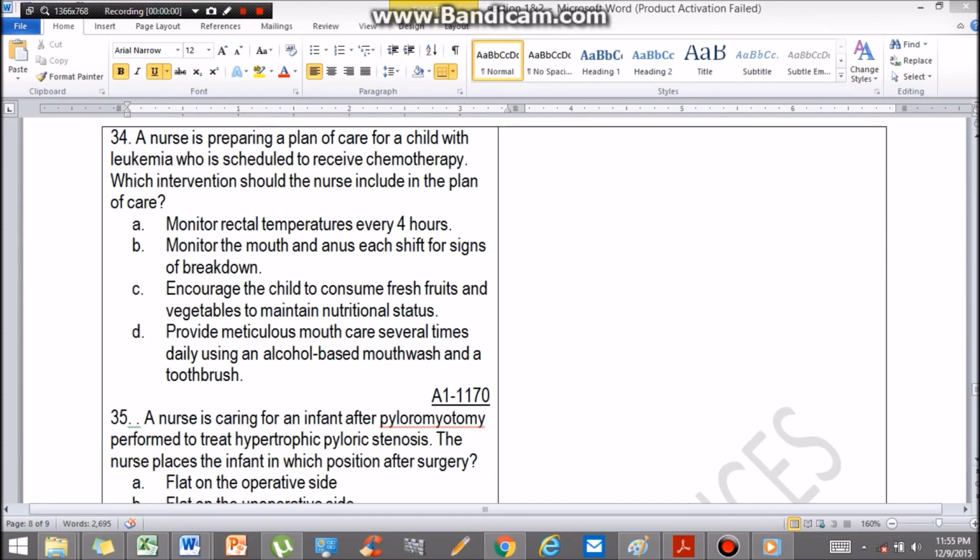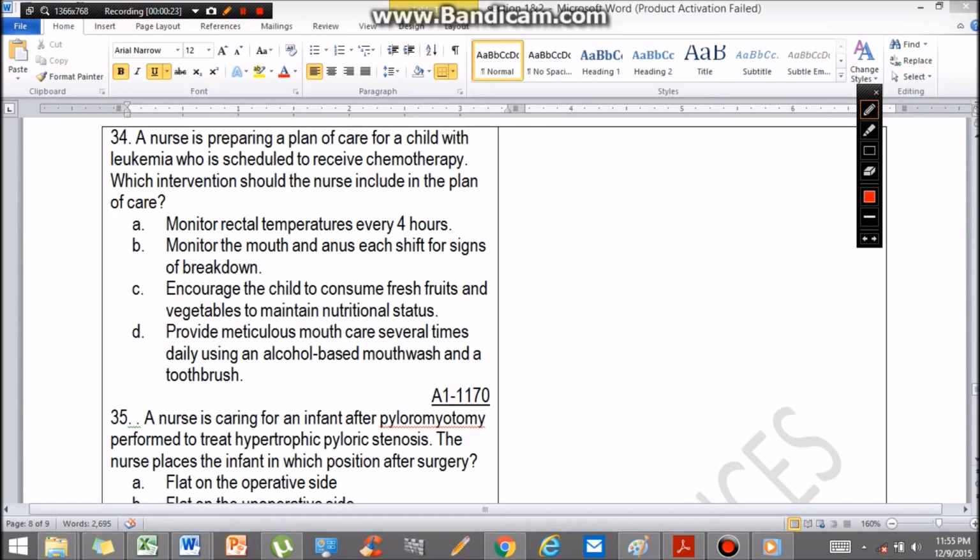Next, number 34. A nurse is preparing a plan of care for a child with leukemia who is scheduled to receive chemotherapy. Which intervention should the nurse include in the plan of care? Okay. Is it A, monitor rectal temperature?